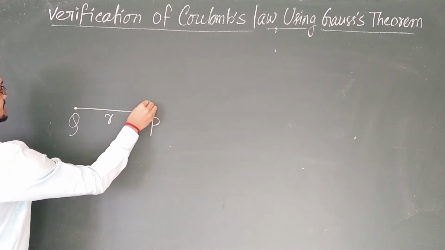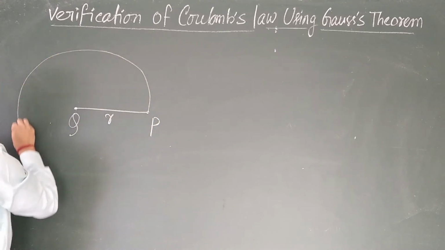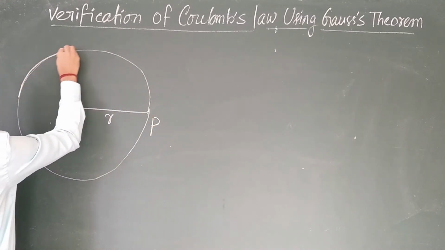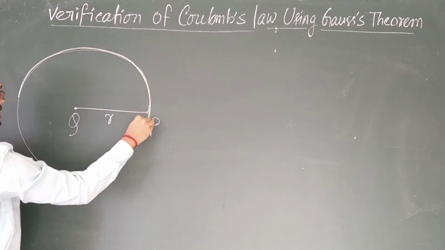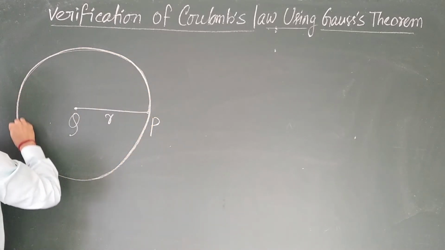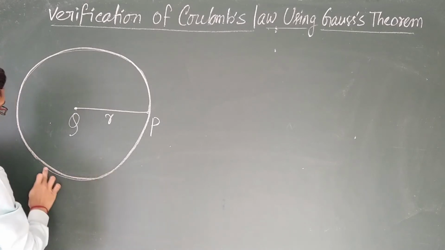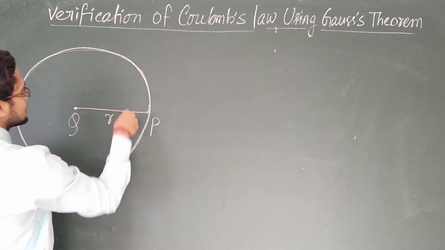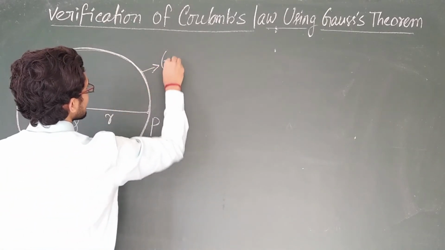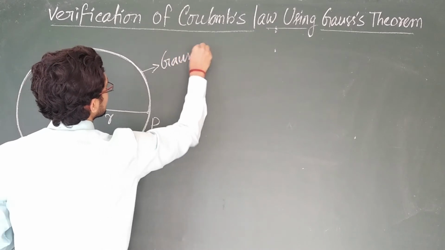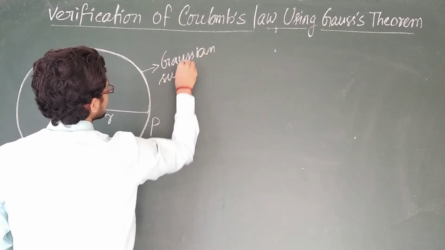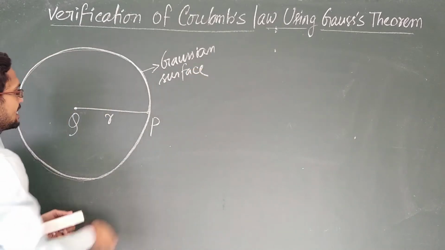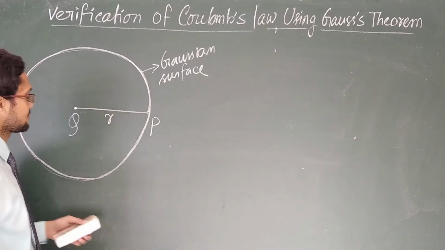The Gaussian surface will look like this. It is a sphere of radius r, and inside that sphere there is a charge q. This is the Gaussian surface, and we want to find the electric field at this point on the surface.